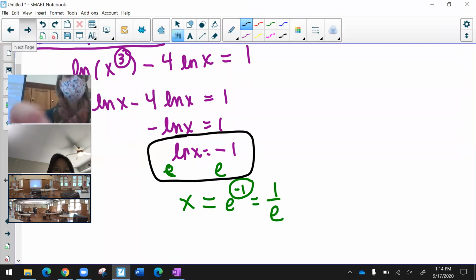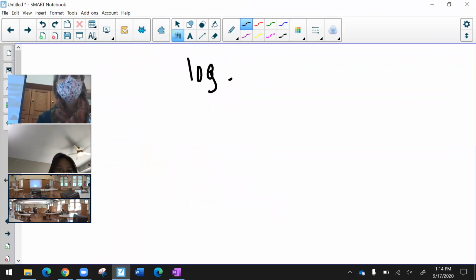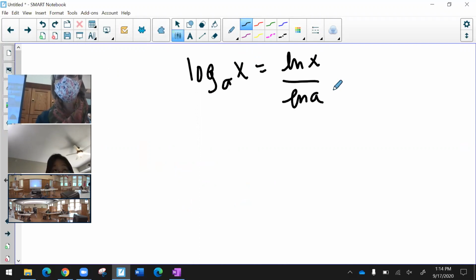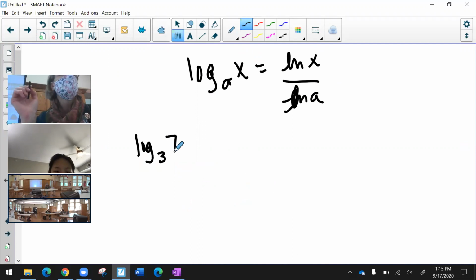Okay, so if the change of base formula says it's log base A of x, and that's going to be the natural log of x over the natural log of A, right? Right, that's the formula. Can you check for me? If you're doing it with a number, is that the right number? Log base 3 of 7.